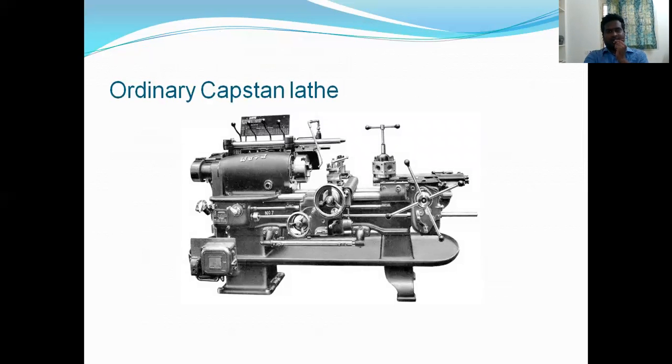This is the ordinary capstan lathe that we observed in yesterday's session. If we attach some special features to this capstan lathe, we get the semi-automatic lathe.